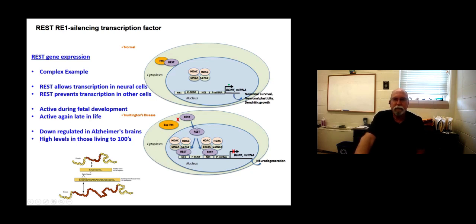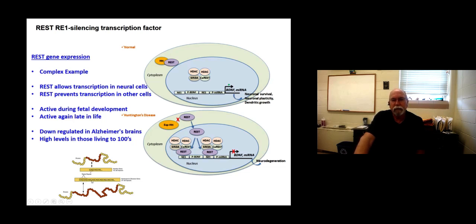it tends to be, interestingly, downregulated in Alzheimer's individuals, which means that there's a secondary pathway that is a problem. And in fact, it's been shown fairly recently that one of the reasons it's downregulated is that there's this repeat region that's actually found, internal to, particularly, Huntington's disease is a good example.